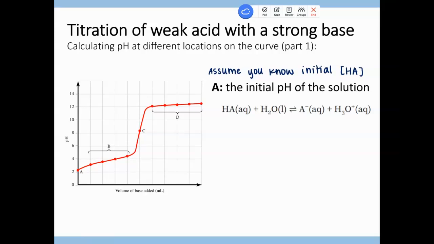Not all of the HA dissociates into A- and H3O+. So HA decreases by some amount, A- increases by some amount, and H3O+ increases by some amount. We'll label that as X. I'm just simplifying an ice table essentially on this slide.